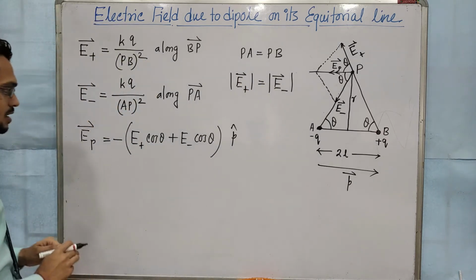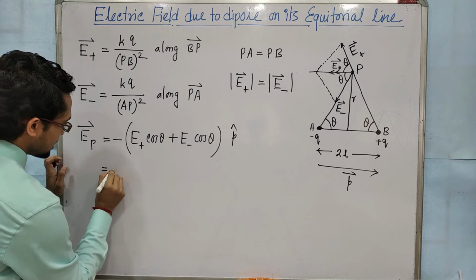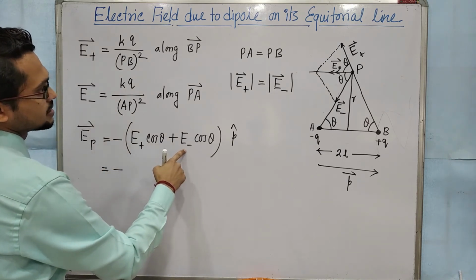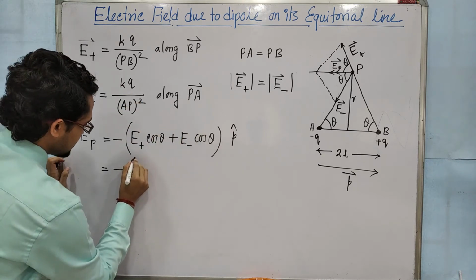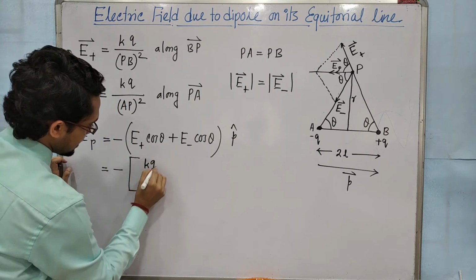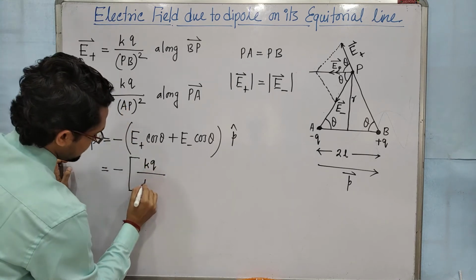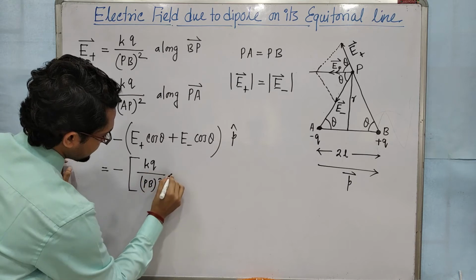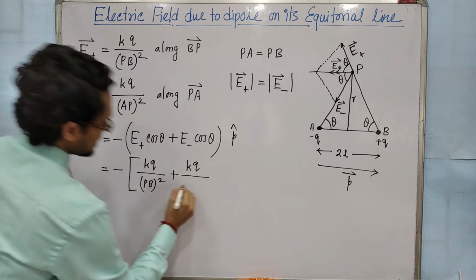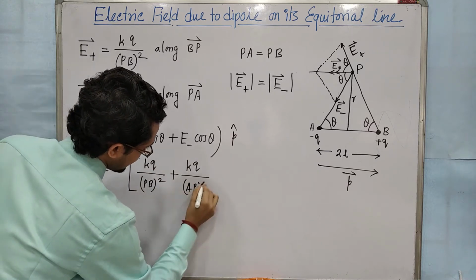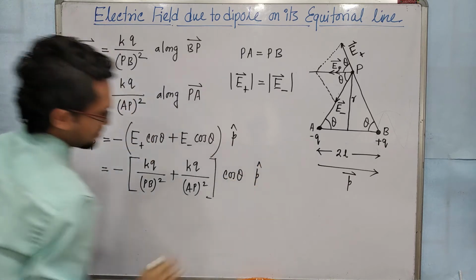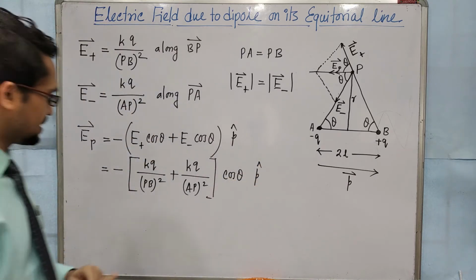Now put the values. So minus, E plus and E minus both have equal magnitude. So I am writing the formula first. E plus is KQ by PB square plus, E minus is KQ by AP square, then cos theta P cap.